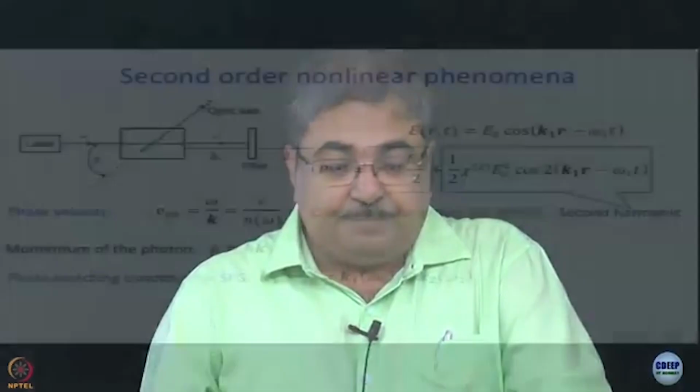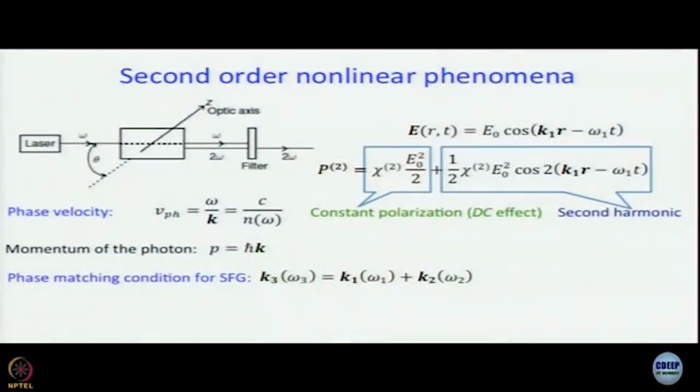So, for a collinear beam, what will happen? What is k from this phase velocity definition? k multiplied by c is equal to omega multiplied by n, yeah, omega multiplied by n of omega, and I am not worried about the direction because it is collinear.